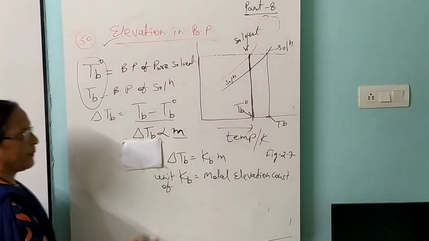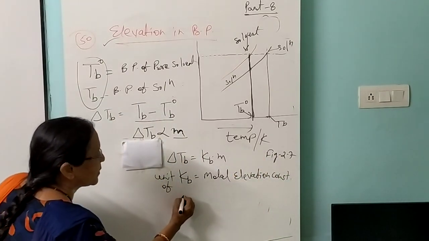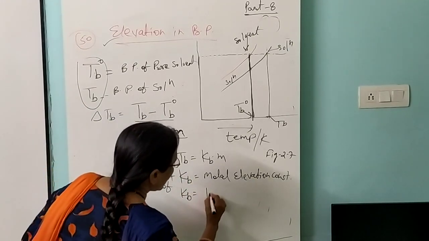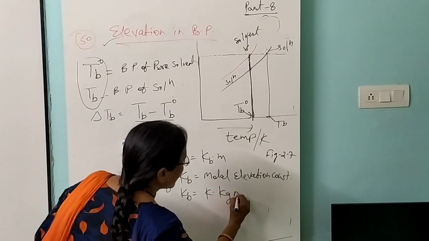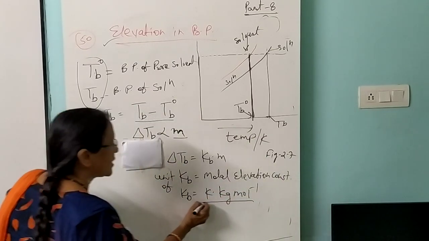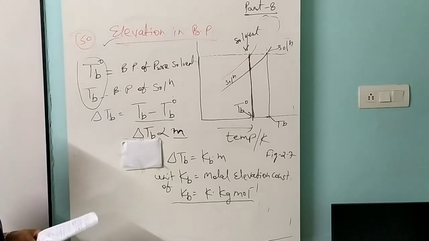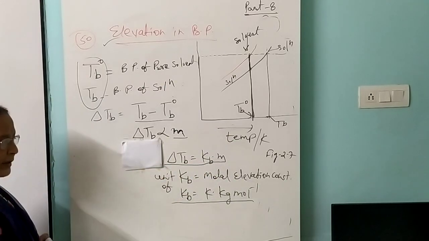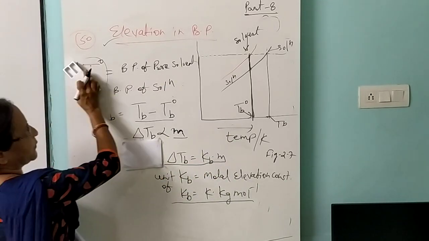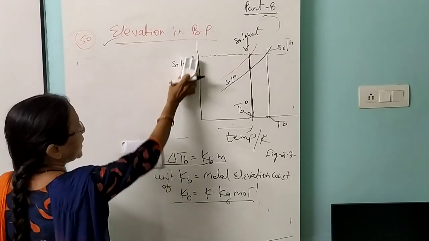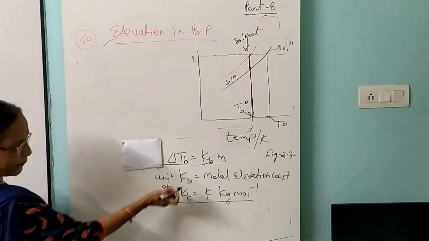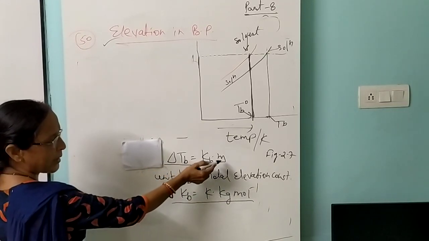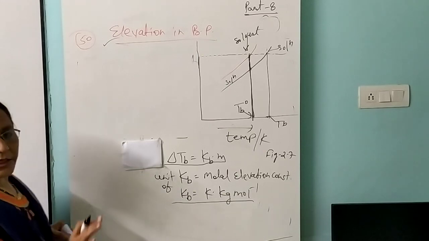The unit of K_B is K kg per mole. Students, this is an MCQ question. Now, in the formula delta T_B equals K_B m, delta T_B is the net change, K_B is the elevation constant, and m is the molality of the solution.